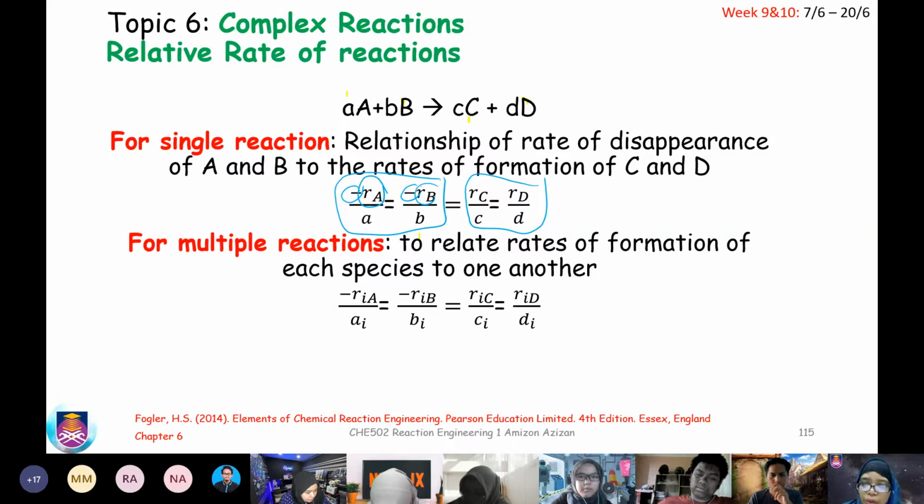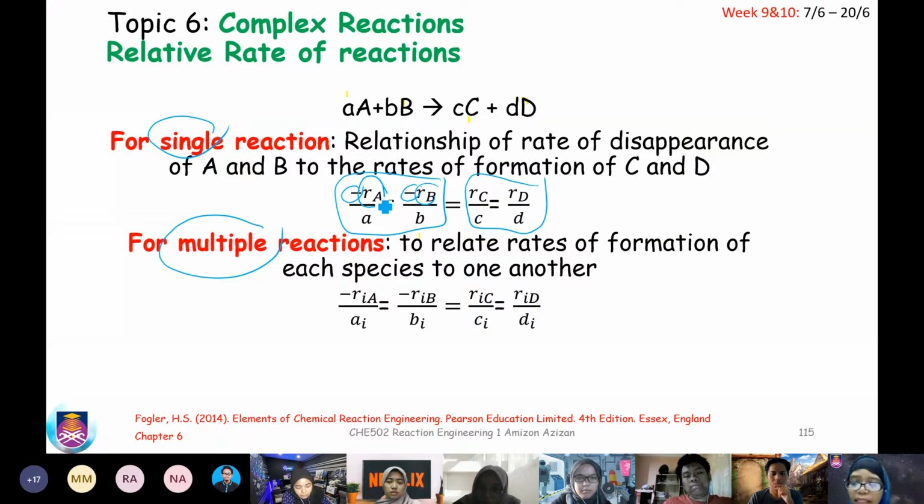Before we do that, there are two kinds of reactions here: single reactions and multiple reactions. They are both the same, except that for single reactions, you don't have the i here. i equals 1 is reaction equation number 1, i equals 2 is reaction equation number 2, and so on until a certain number n.